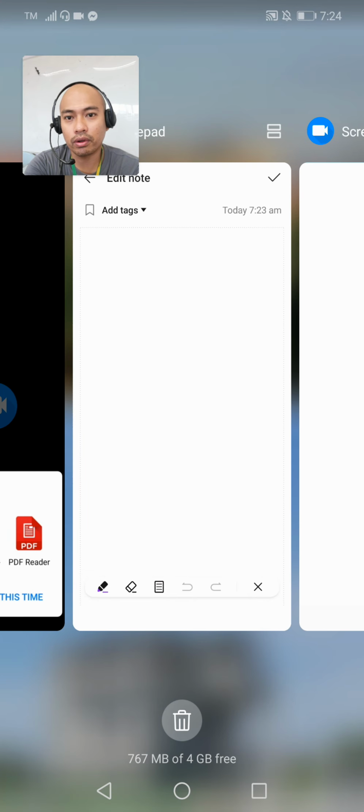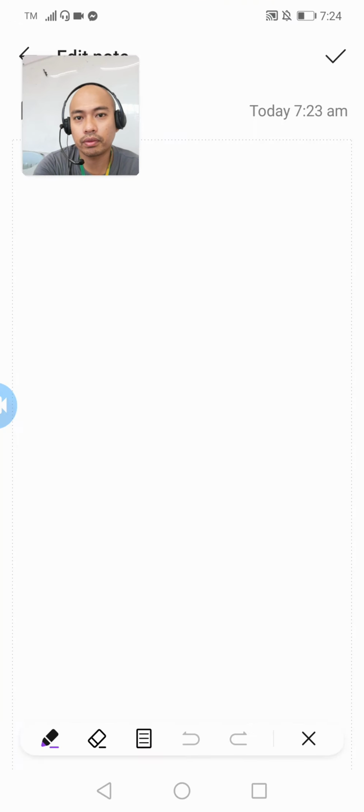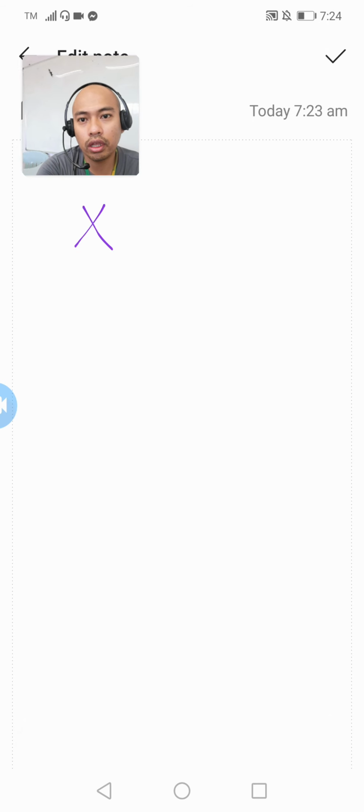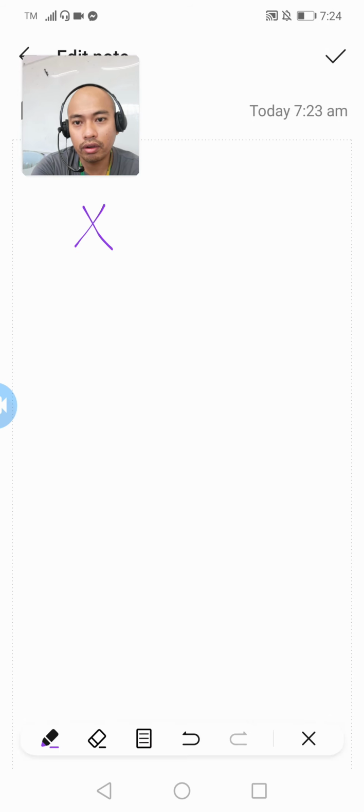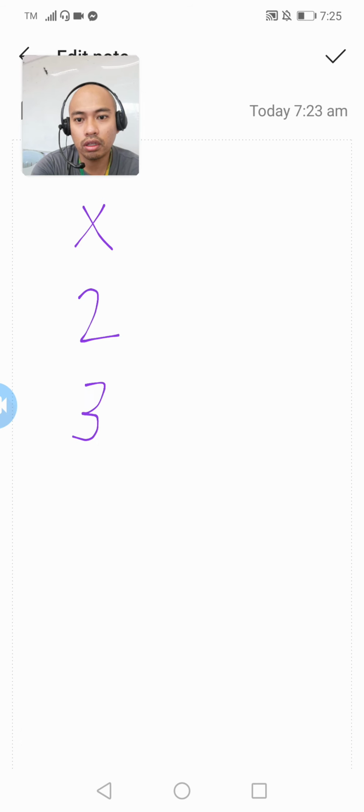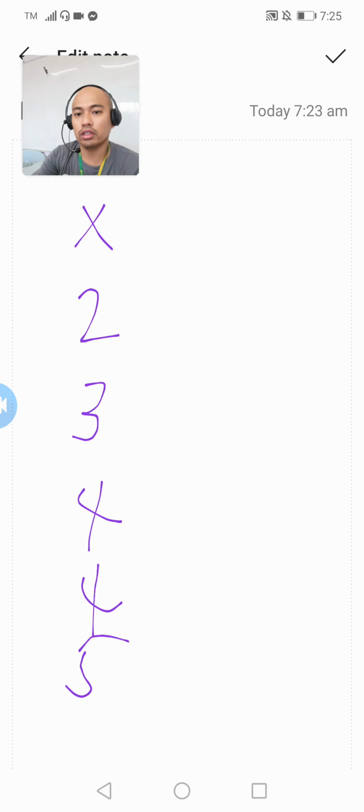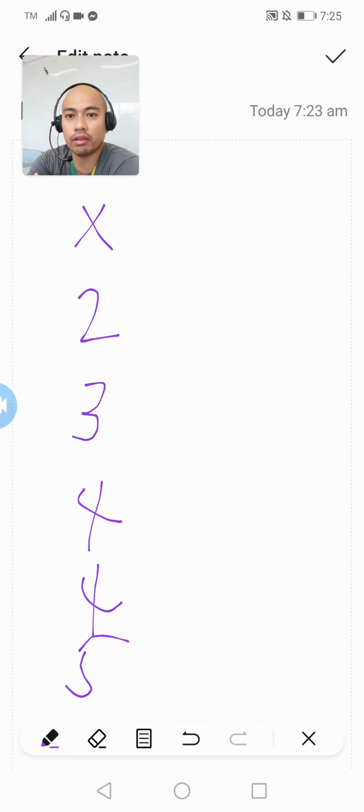Let's say, for example, in a distribution x variable, we have the following elements: 2, 3, 4, 4, and 5. There are 5 elements in the variable x, and we want to find the mode of this given raw data.